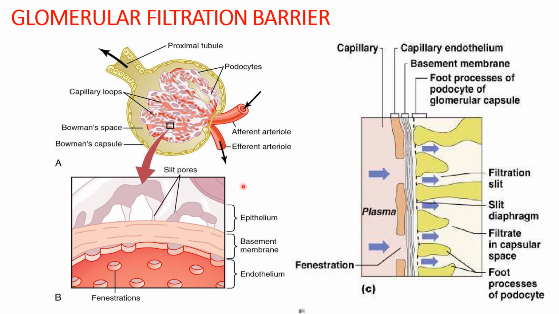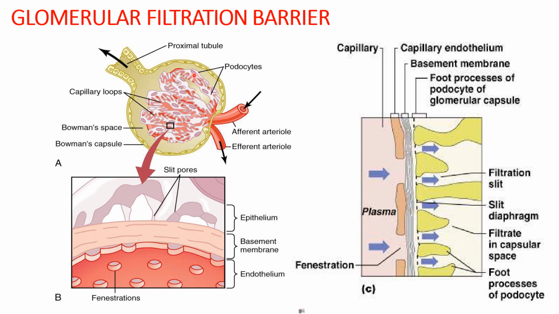Now we will see the glomerular filtration barrier. In today's class we are only concerned with the glomerular filtration. Tubular reabsorption and secretion will be dealt with in the coming classes. In the glomerulus, we have a filtration barrier. What is that barrier composed of?